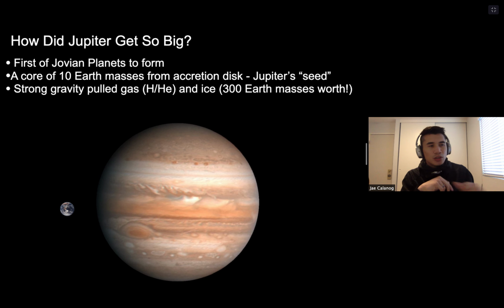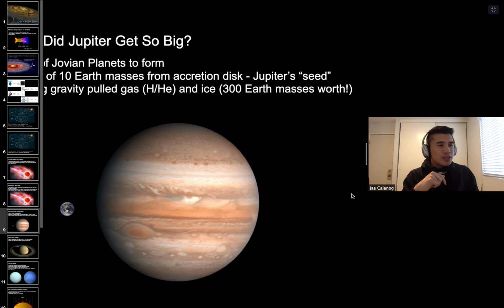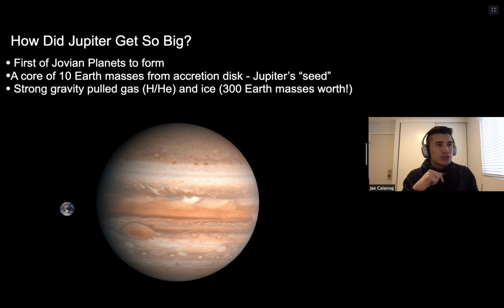Okay, so Jupiter was the first of the Jovian planets to form. Jupiter is so huge that you can actually fit over 1,000 Earths inside of it and then put 10 Earths across its diameter along the equator. And so Jupiter, because it's the closest to the frost line, was able to accrete so much gas, about 300 Earth masses worth.